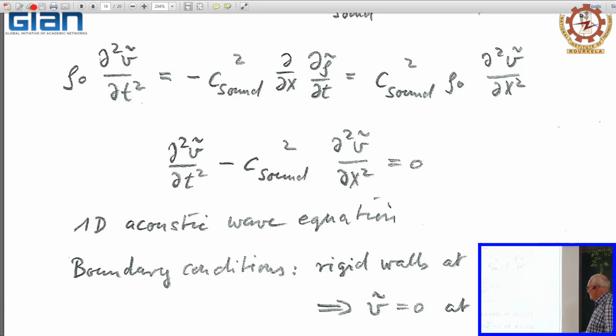If we confine our organ pipe with rigid walls, then a rigid wall requires that the velocity perturbation should be 0 there, because it cannot move. Then the velocity perturbation should be 0 both at the bottom and the top boundary.